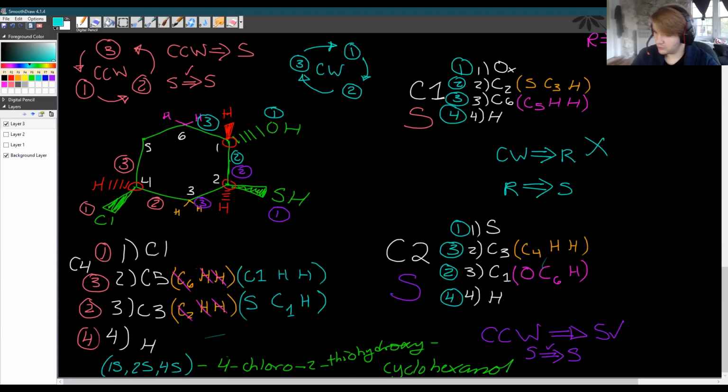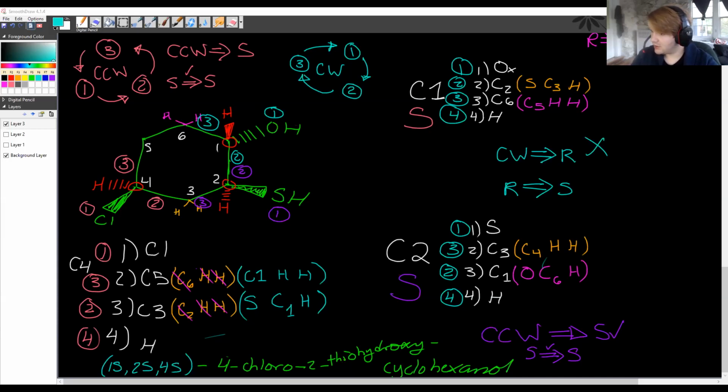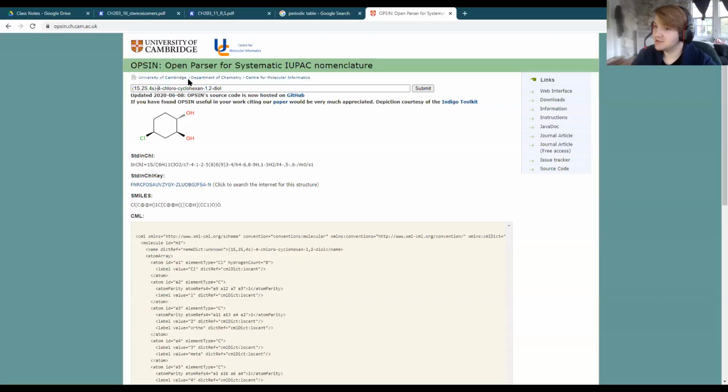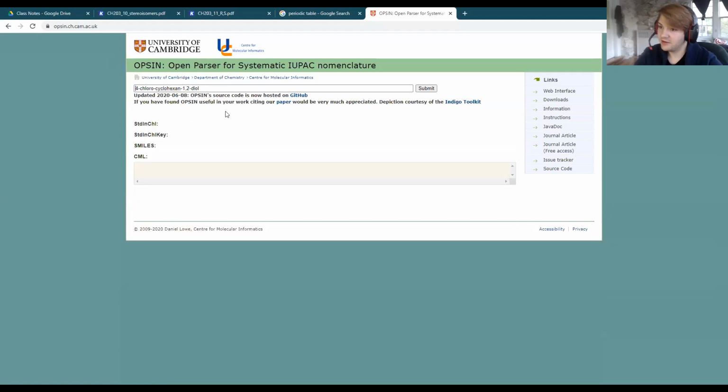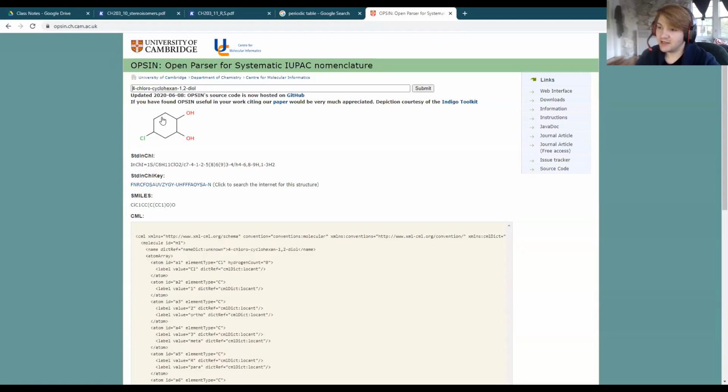There it is. What I did is I typed the name into this generator called Opsin. It's a great, great thing. And what we notice is that if I left out the stereochemical designators, I'd only get this, right? And this does not have any 3D nature of the molecule.